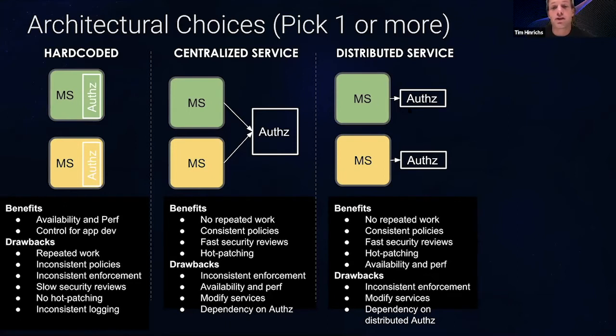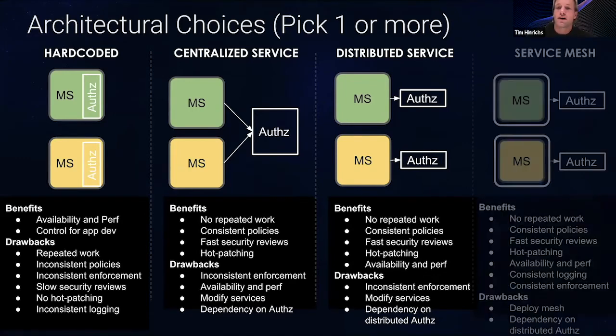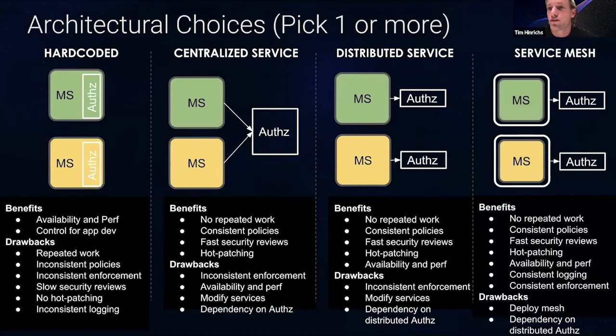Yet at the same time, you get many of the benefits that you had from the centralized service. There are still a couple of drawbacks to this, one of which is that we're still relying on that microservice author to explicitly change their code and make a request to that external authorization service.